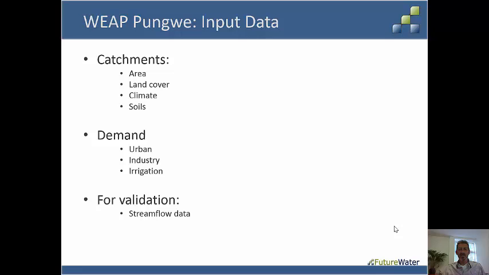The answer is a little difficult, because the better and more accurate your data, the better your model will be. But even with a limited amount of data, you can already do some analysis in WEAP. So just remember, more data will give you a better model, but even with limited data sets, you can do something.